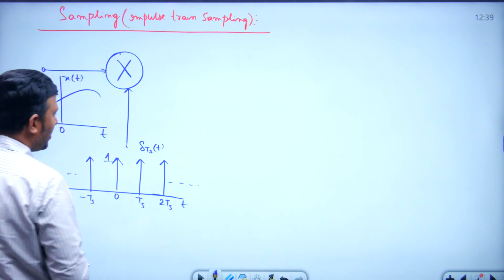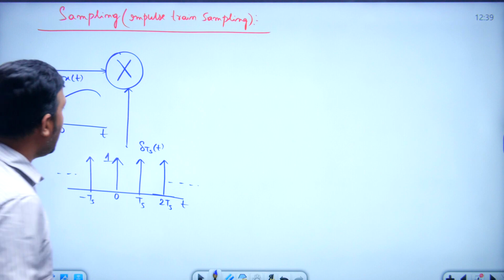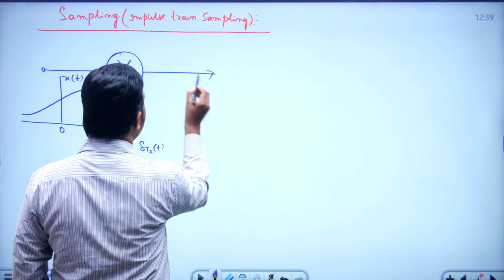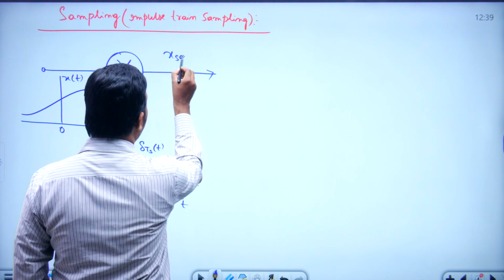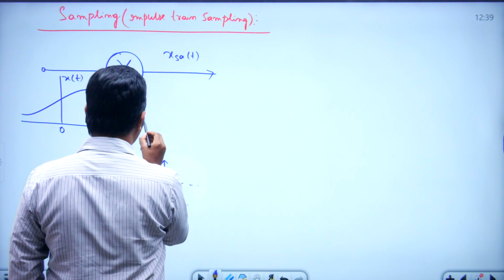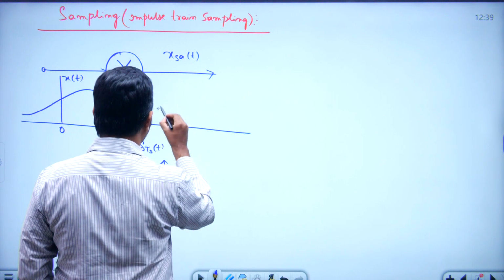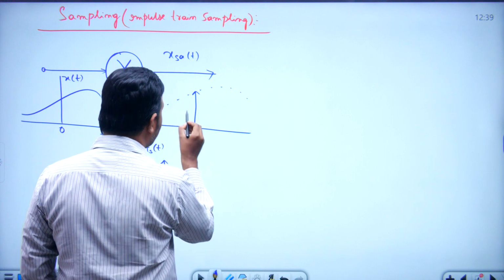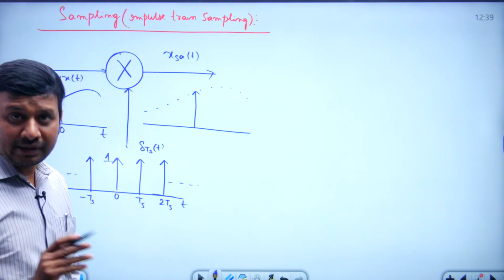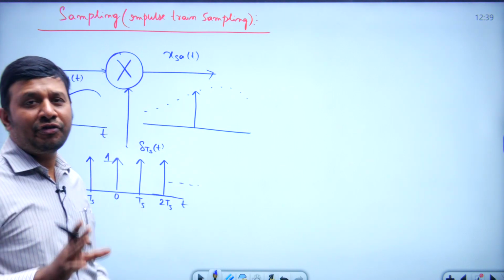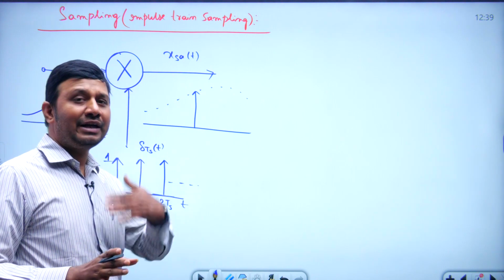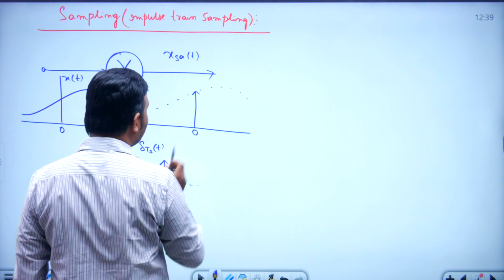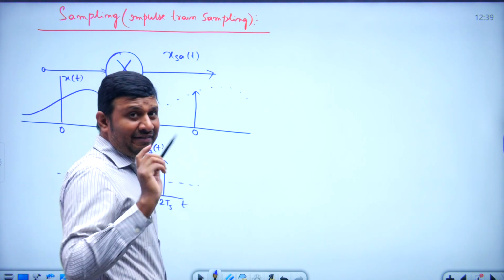Now these two signals are multiplied in the multiplier, so that I am going to get the sampled signal denoted by x sampled of t, which can be shown like this. Here we must recollect one important property of impulse signal, that if you multiply the impulse signal with another signal, we will get the same impulse signal, but its area will change.